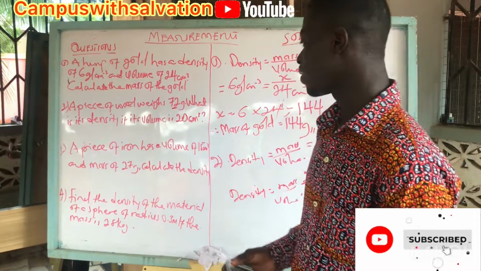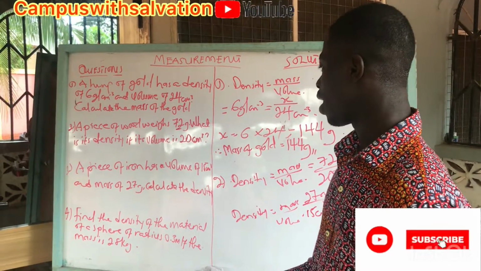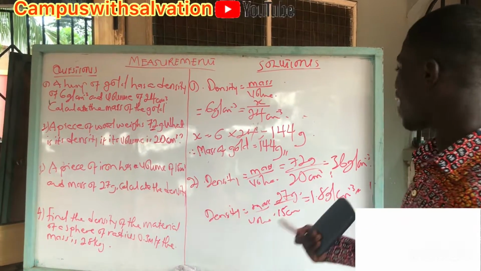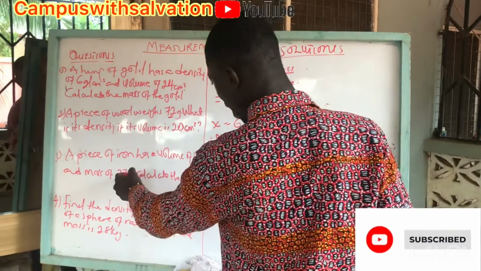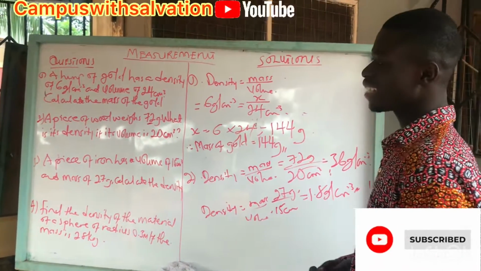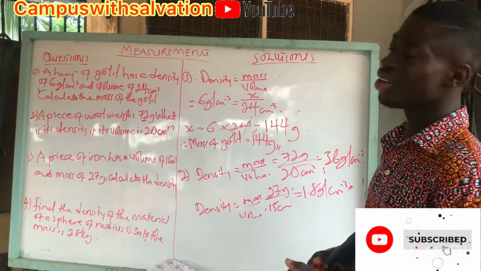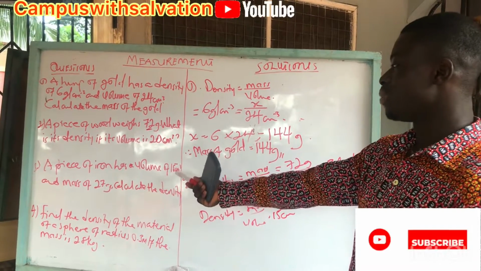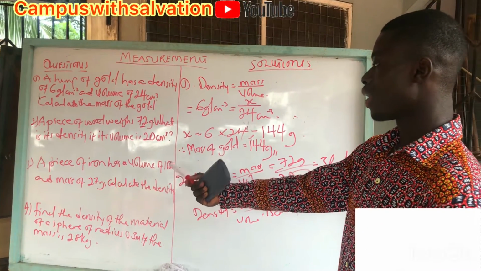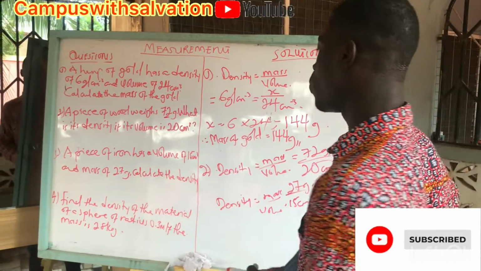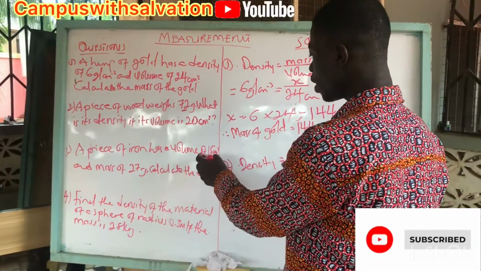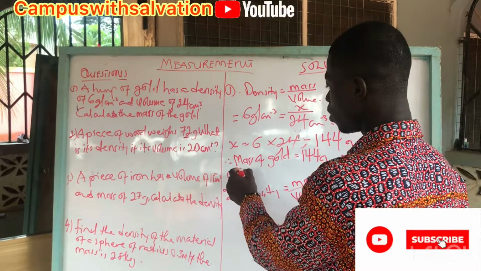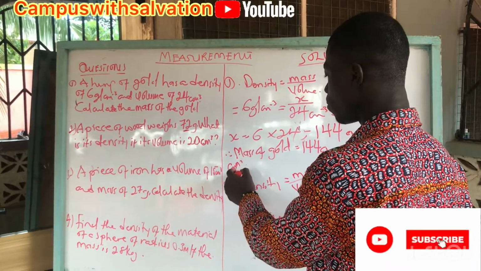We can also solve question number 3 in kilograms instead of grams. But for that one, you divide the grams by 1,000. That is when it turns to kilograms. So we take note of it. And for cm³, we can convert cm³ into dm³.